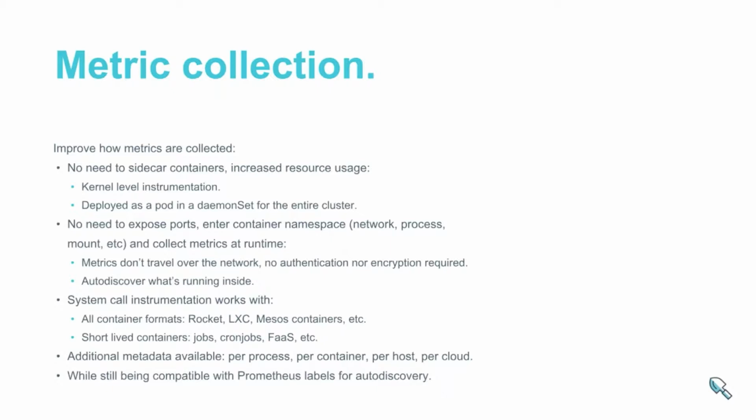What if we are doing kernel level instrumentation? We are seeing every process, every container, everything which runs on that host. So it doesn't really matter if it just runs for a few seconds. We will be able to collect the metrics.